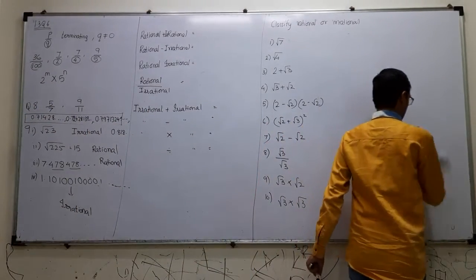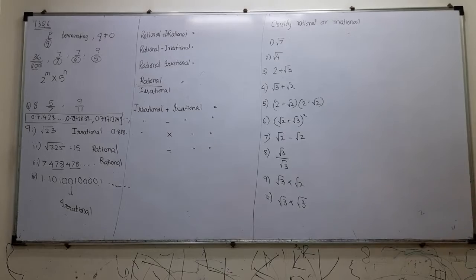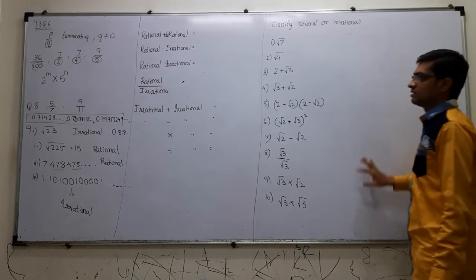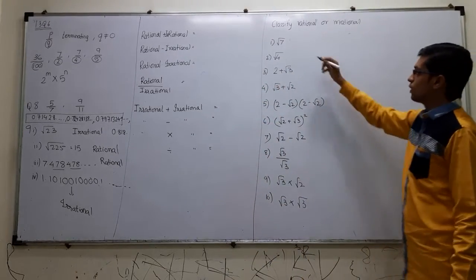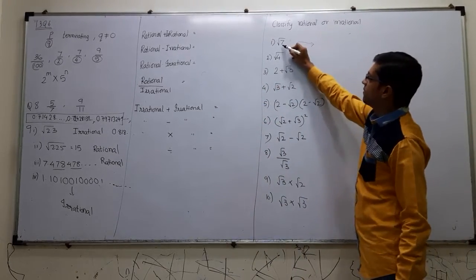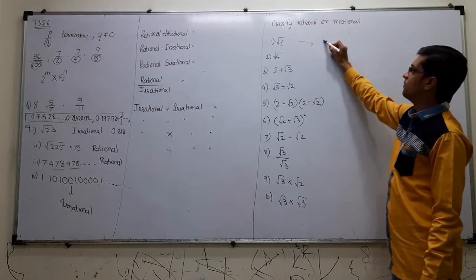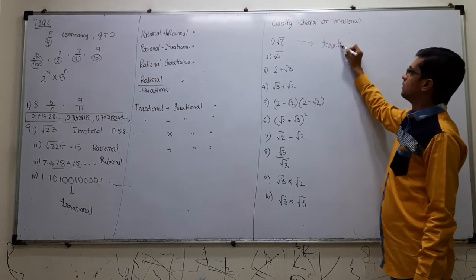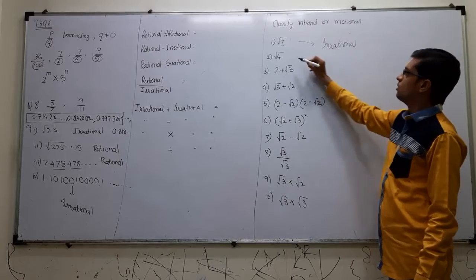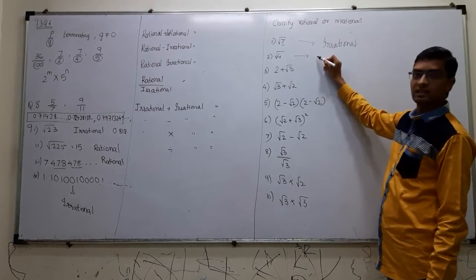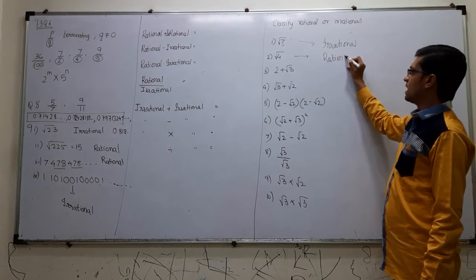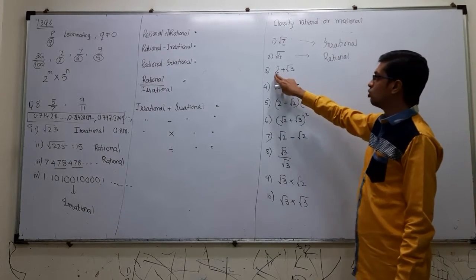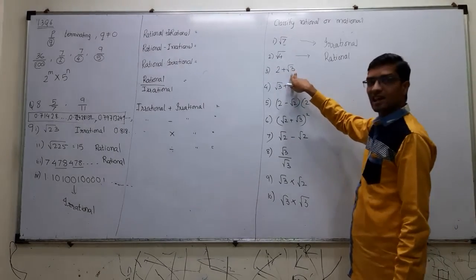Same question. I want to classify whether the following numbers are rational or irrational. First you write this, then conclude over here. Square root of 7. Again 7 is a prime number, so root 7 becomes irrational. Square root of 4, I'll get the answer as 2, so it becomes rational. Now see, 2 is rational, root 3 is irrational.